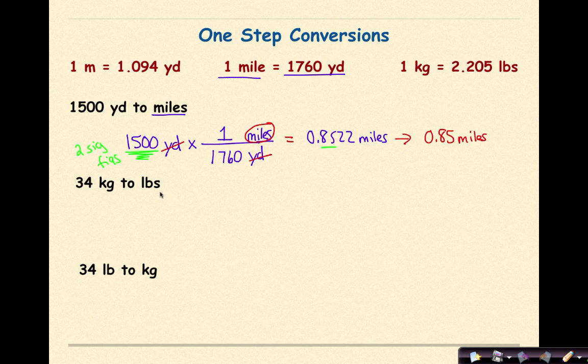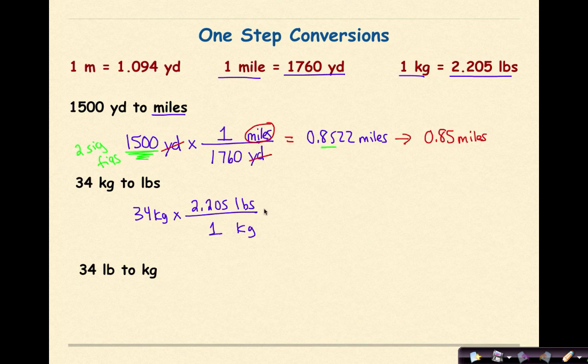34 kilograms into pounds. So the first thing I'm going to do is write 34 kilograms, multiplication sign and a line. I am going to put kilograms on the bottom. I am going to put pounds up on the top. And then I am going to look for my conversion factor. This says that 1 kilogram is equal to 2.205 pounds. So 1 kilogram, 2.205 pounds.